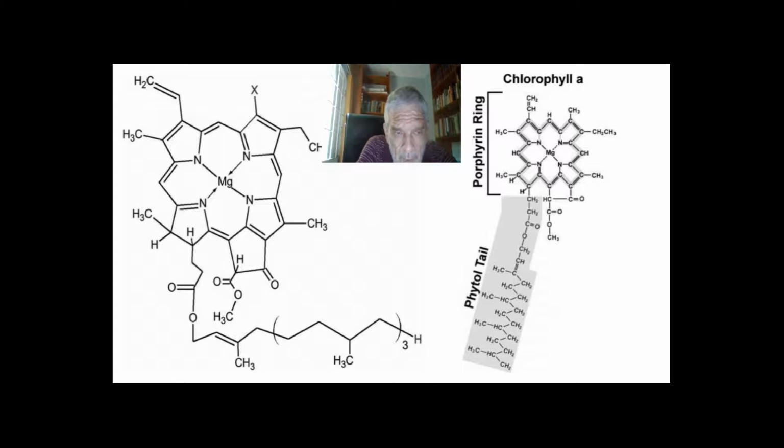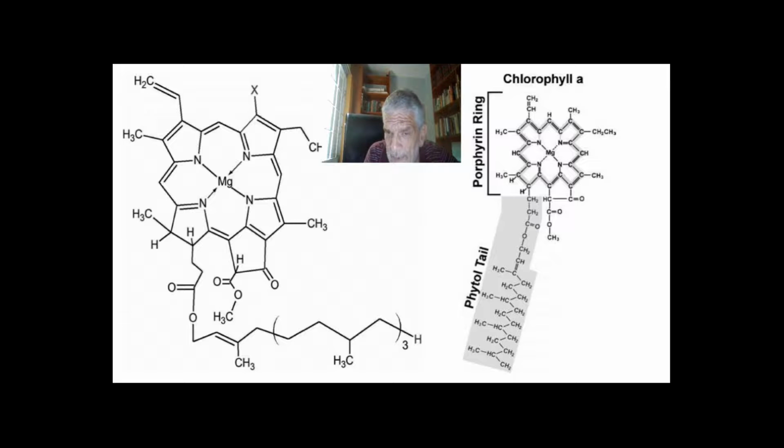You might remember sp2 hybridization from chemistry last year. When we have sp2 hybridization, the bonds around the carbon atom are flat. And because all these carbon atoms are sp2 hybridized, the porphyrin ring is totally flat.